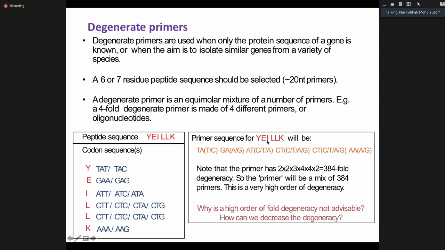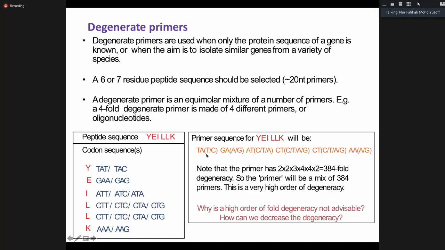And then look at I. The first two nucleotides of the I codon are AT, but the third one could be T, C, or A. So you can see here the first two are AT, and then the third one could be C, T, or A. Similarly for LLK here.